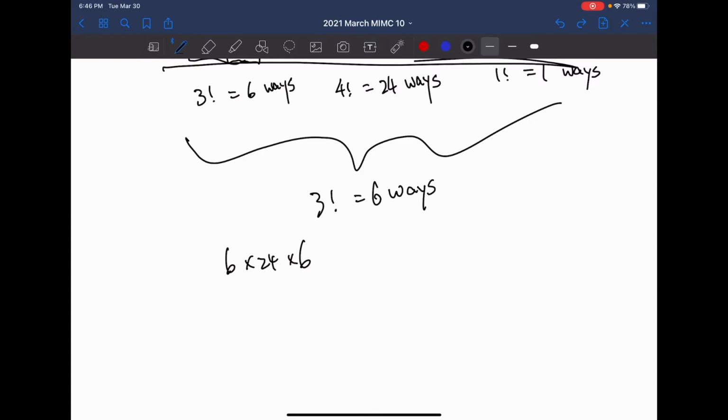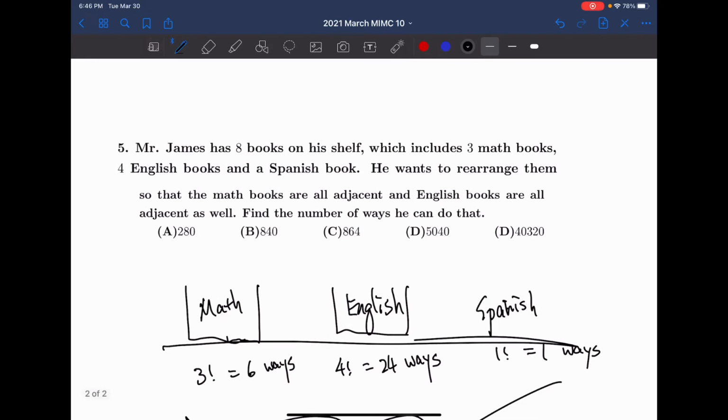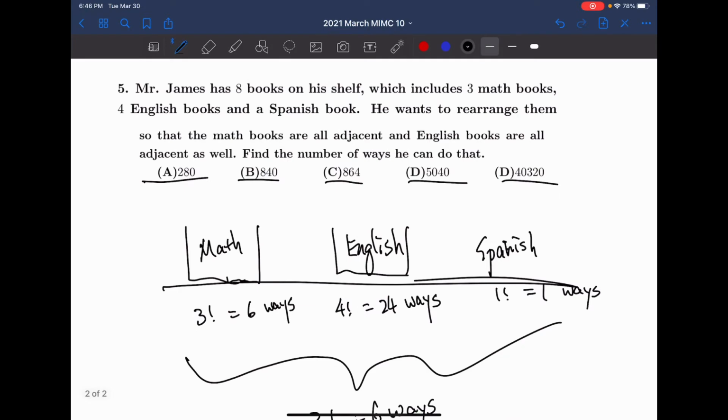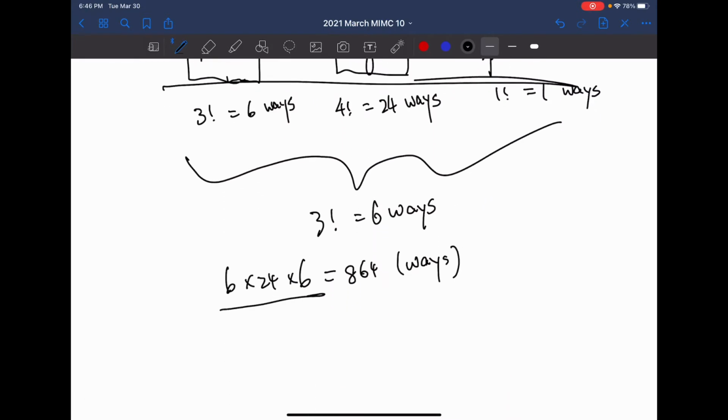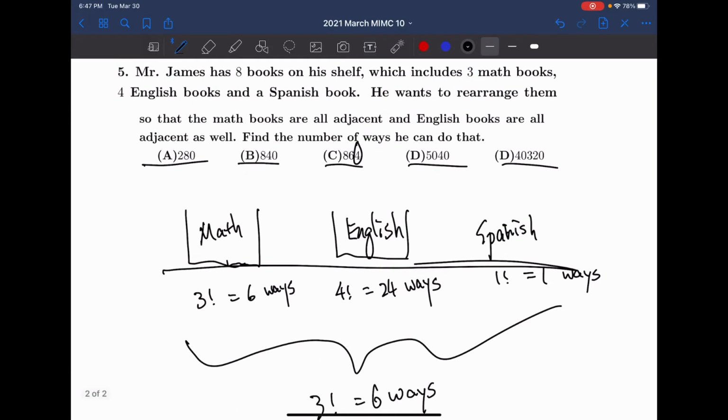We can calculate this out to be 864 ways, but you don't actually need to do that. Examining the answer choices, this is the only one that does not end with a 0. And we know that there is nothing that has a factor of 5, so we know that this expression does not have a 0 at the end.